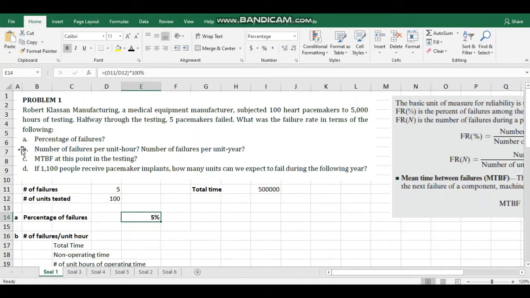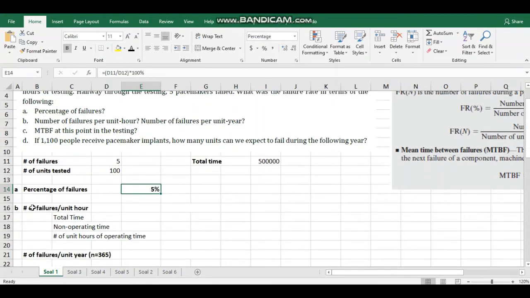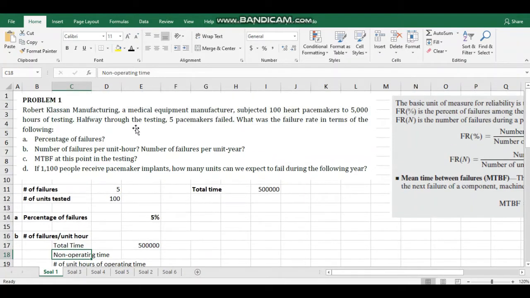And then move to point B, number of failures per unit hour and number of failures per unit year. Before we calculate the failures per unit hour, we have to know the total time, the non-operating time, and also the number of unit hours of operating time. We know that the total time is 500,000 hours, right? And there's also non-operating time, because 5 pacemakers failed halfway through the testing.